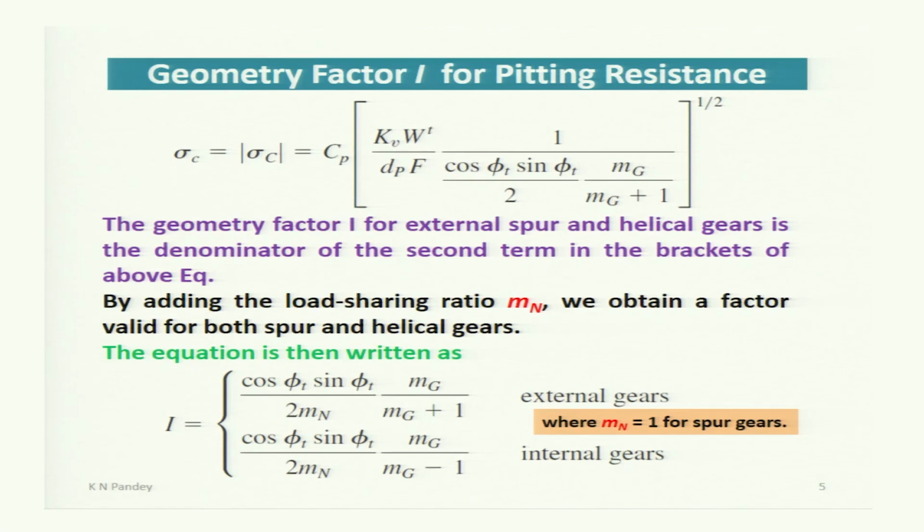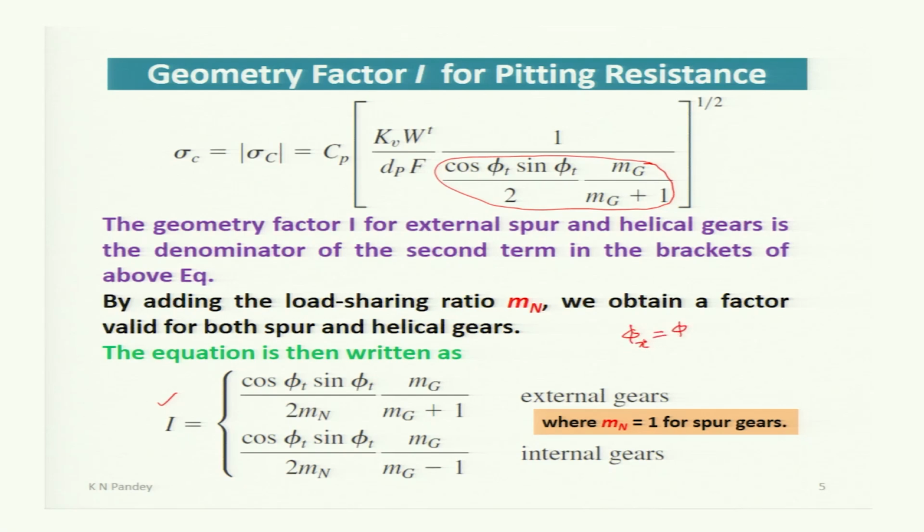Then the geometry factor I for pitting resistance is given by this term. So, this I is cos phi t sin phi t, where phi t is actually phi for the case of spur gear, phi t is equal to phi.